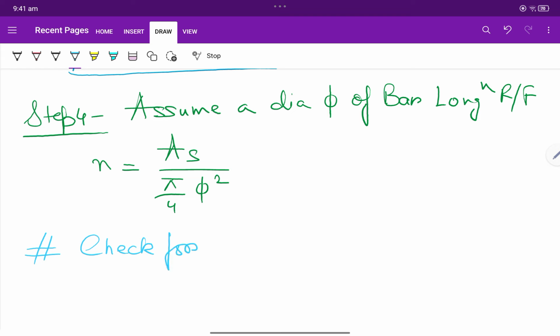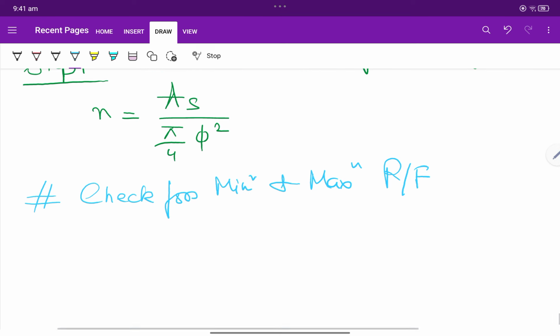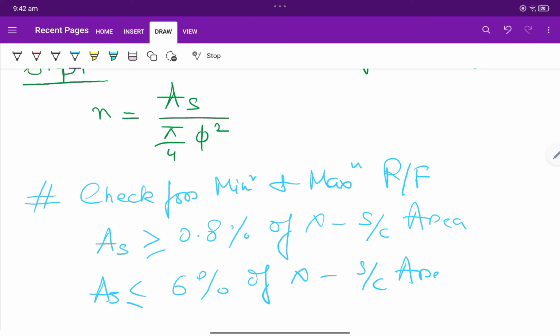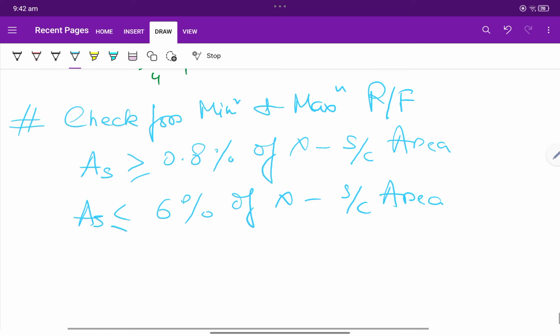So what we know, the AS should be greater than or equal to 0.8% of the cross section area, and the AS, area of steel, should be less than or equal to 6% of the cross section area. This we have learned previously also.